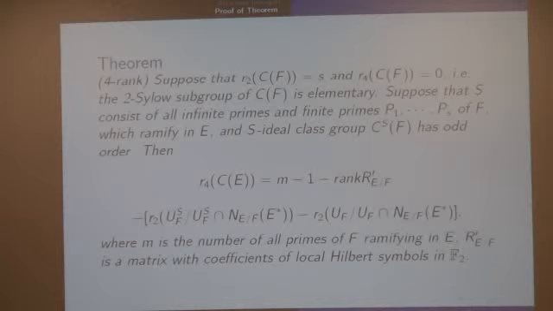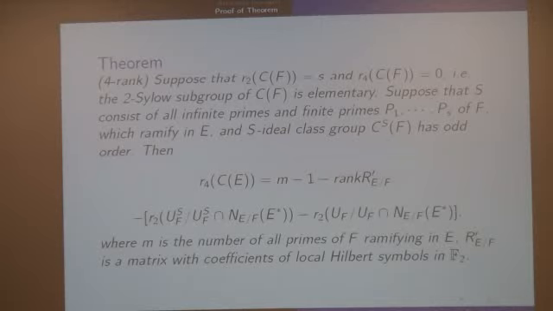Suppose that S consists of all infinite primes and finite primes P1 to PS of F which are ramified in E, and the S-ideal class group CSF has odd order, and then we can get this formula. Where M is the number of all the primes of F ramified in E, i.e. F plus is the matrix with coefficients of local Hilbert symbol F2.